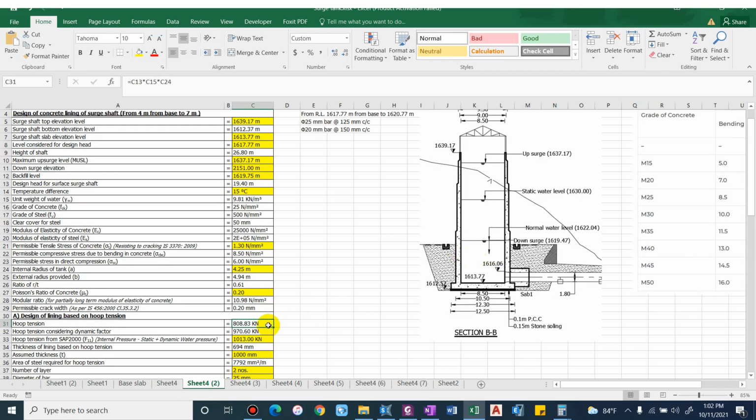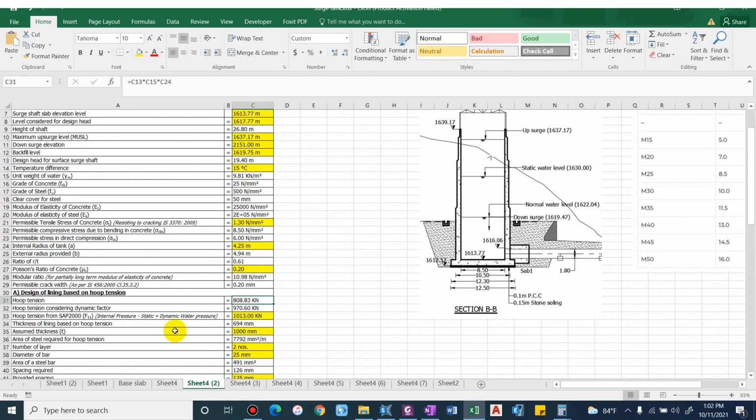At 4 meter height it will reduce obviously, and with respect to that the thickness of lining comes as 694 mm. We still assume it to be 1000 mm because there is an opening at this point, so the stress will get concentrated here. So we are providing the same depth, 1000 mm, to ensure that it does not fail under direct stress.